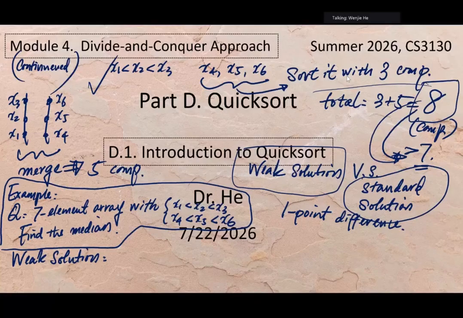For this weak version of solution, we have 2 ordered subarrays, right? But we have X7 there. So let's do it this way. Our normal operation: the first ordered chain, now I have X7.